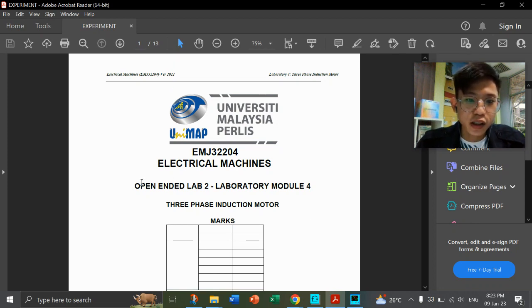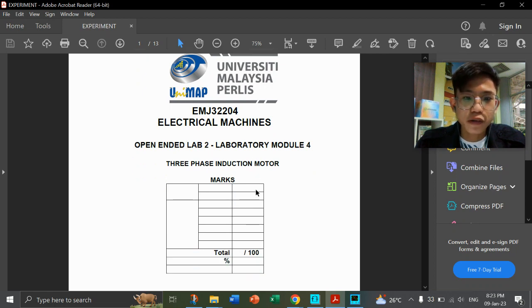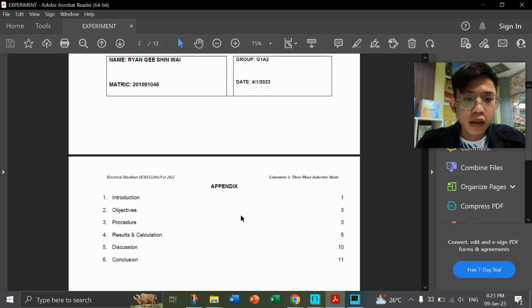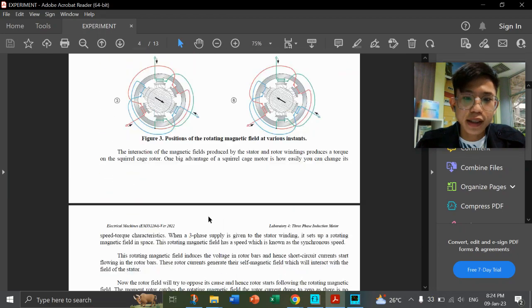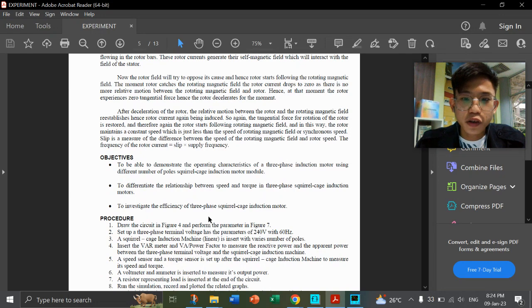Today I would like to present my open-ended lab 2, which is about the three-phase induction motor. The purpose of this OEL is for us to understand the characteristics of a three-phase induction motor using different numbers of poles, using a squirrel cage induction motor. I have chosen the squirrel cage induction motor over the wound rotor induction motor.